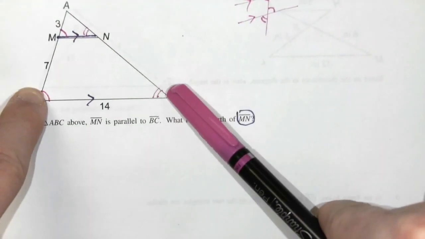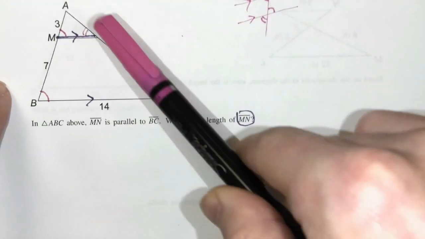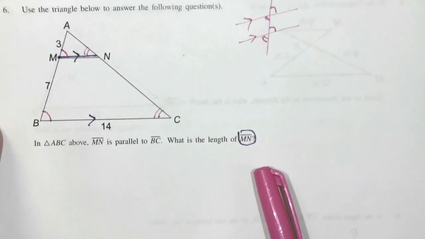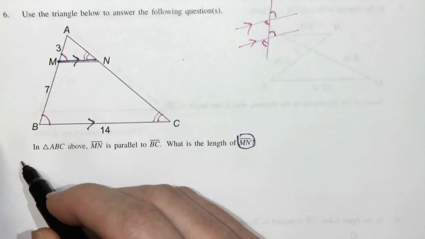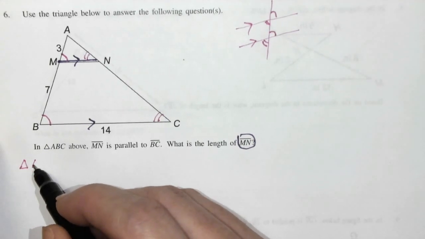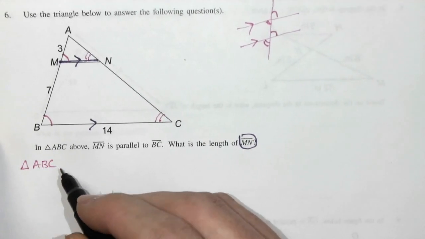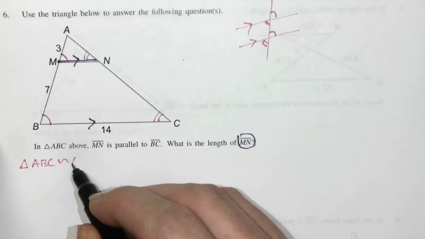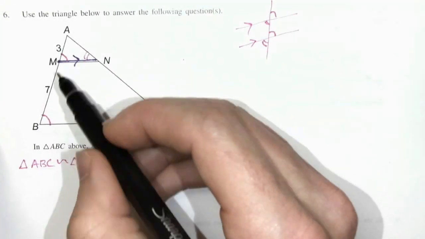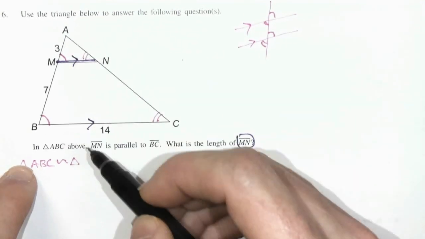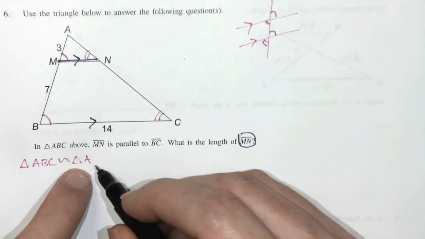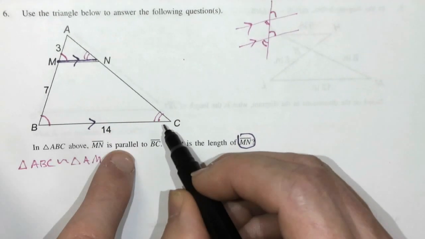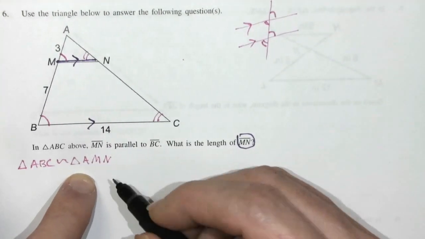If I have two angles in one triangle, triangle ABC, congruent to two angles in another, triangle AMN, then I can say that triangle ABC is similar to triangle, so I need to start with A. B is congruent to M, so M is next. C is congruent to N, so N is next.